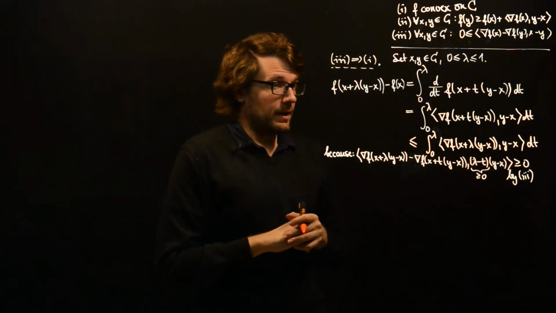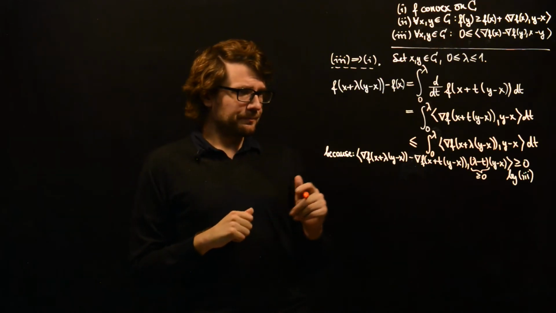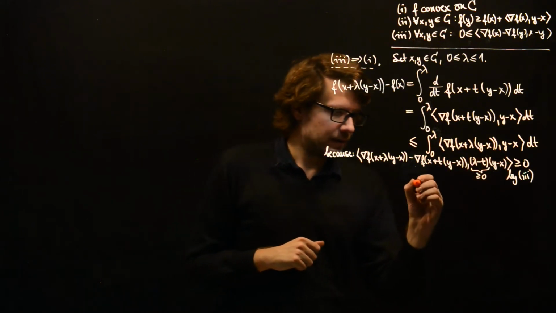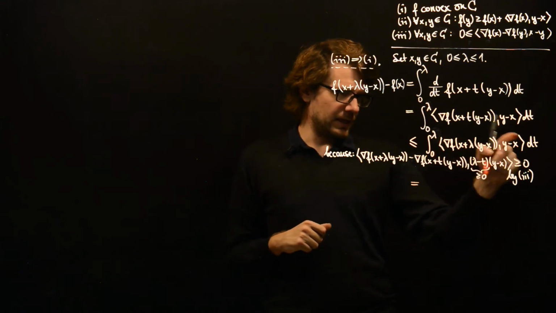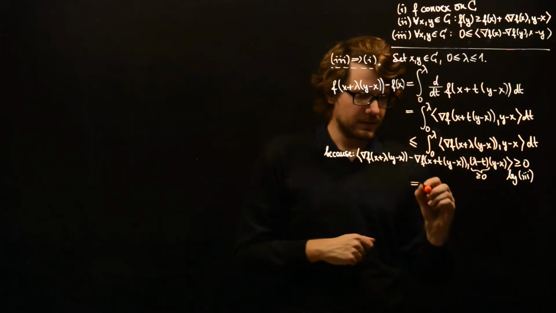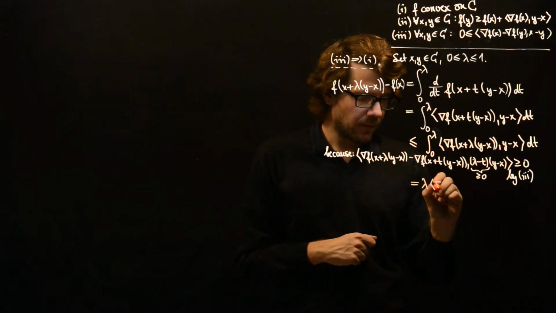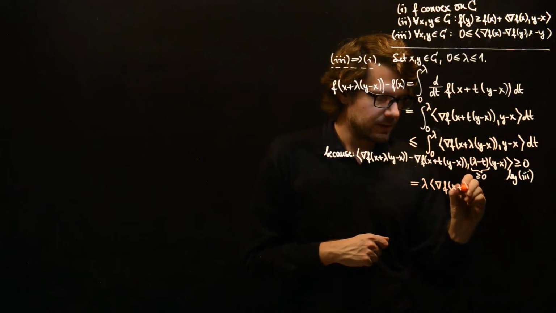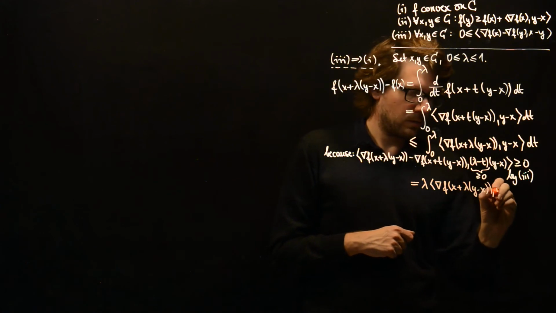Okay, this was a bit complicated, and now we have shown this, and we see here that there is no t left, so we can actually multiply this with lambda. And now we have gradient f of x plus lambda times (y minus x), inner product with y minus x.